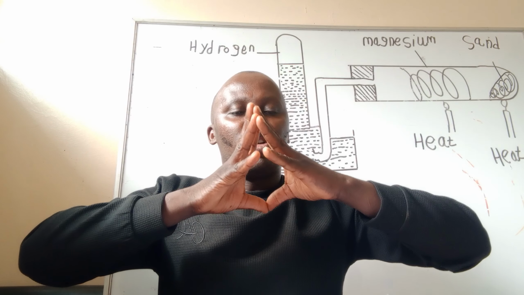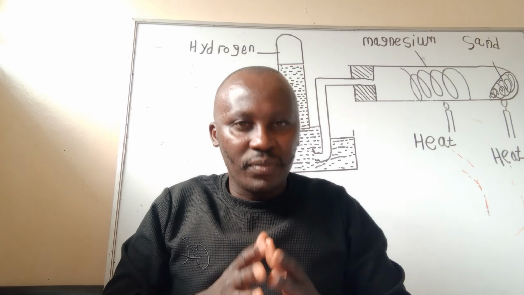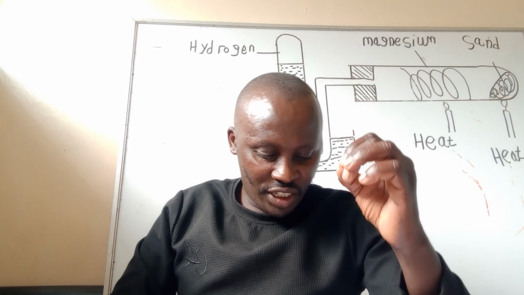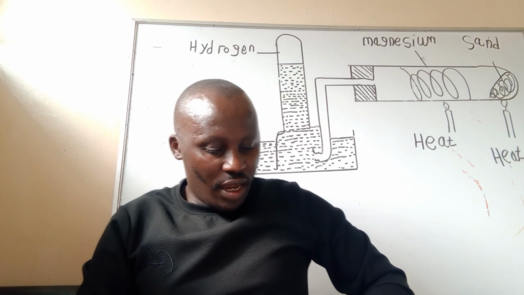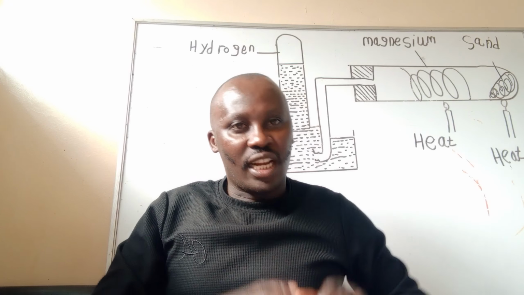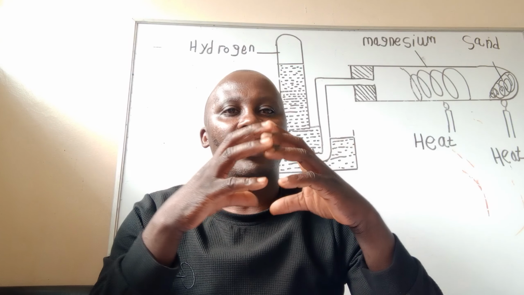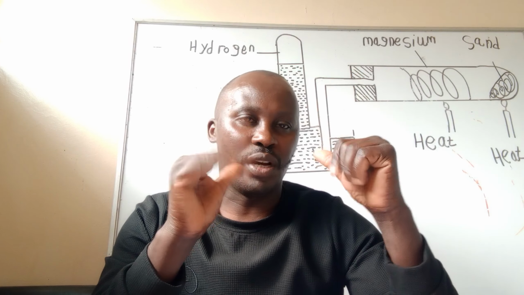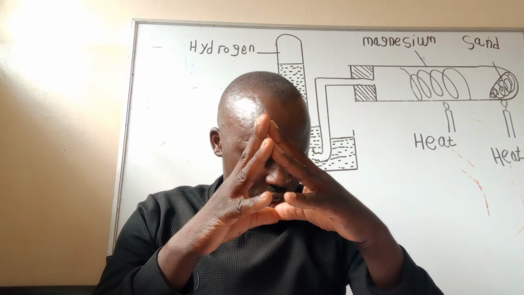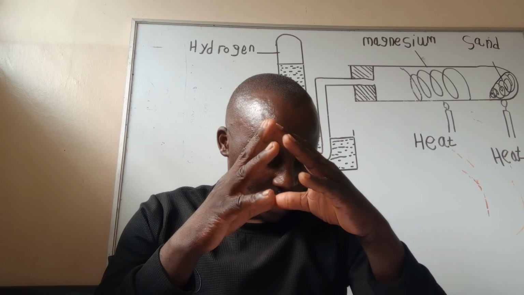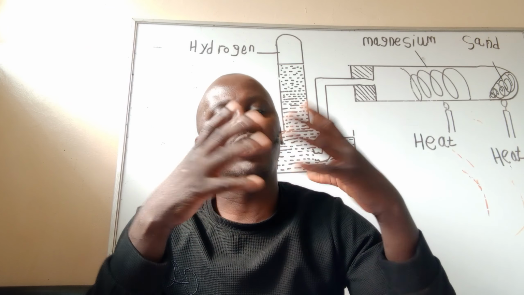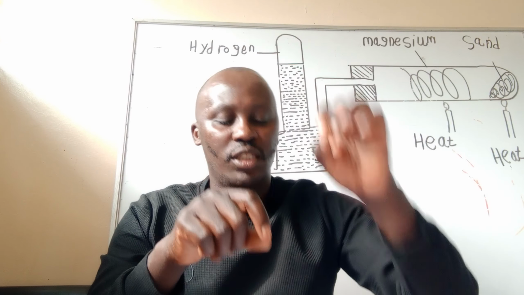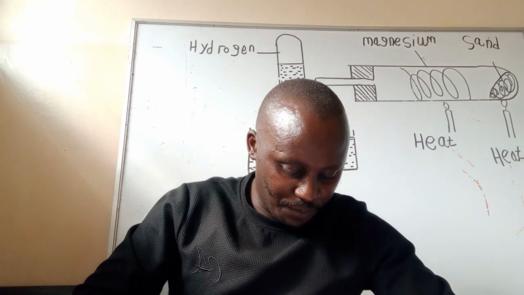Give one advantage of using hydrogen as a fuel. Water is made up of two elements, hydrogen and oxygen. So if you want one advantage of using hydrogen as a fuel, you just say it reacts with oxygen to produce water. Water is used for domestic purposes.